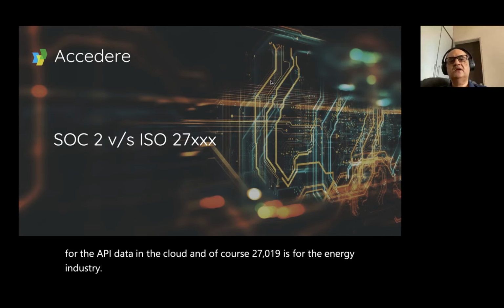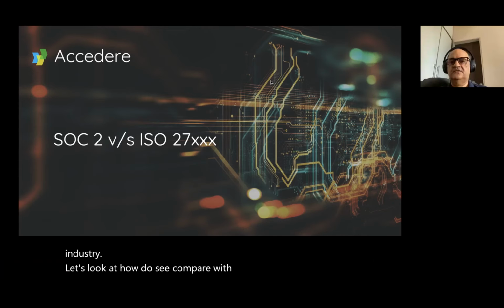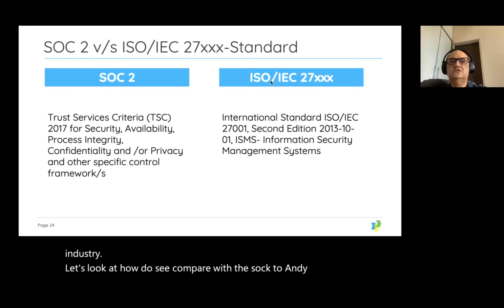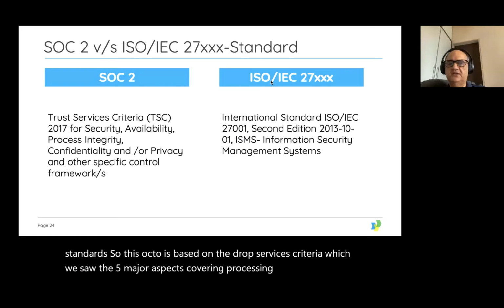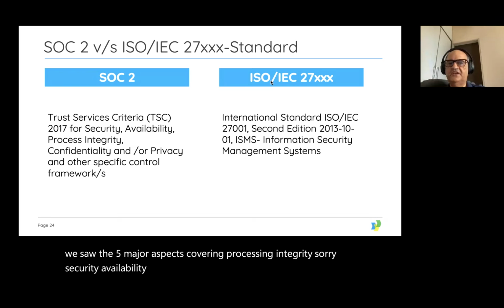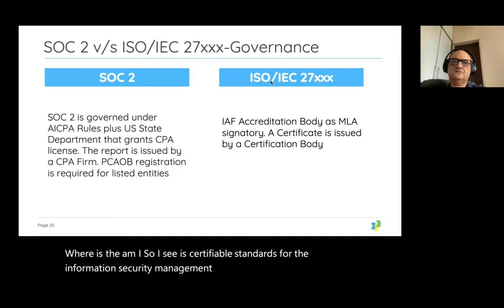Now let's look at how SOC 2 compares with the ISO standards. SOC 2 is based on the trust services criteria, which we saw covers five aspects: security, availability, processing integrity, confidentiality, and privacy. Whereas ISO IEC is a certifiable standard for information security management against its own framework.